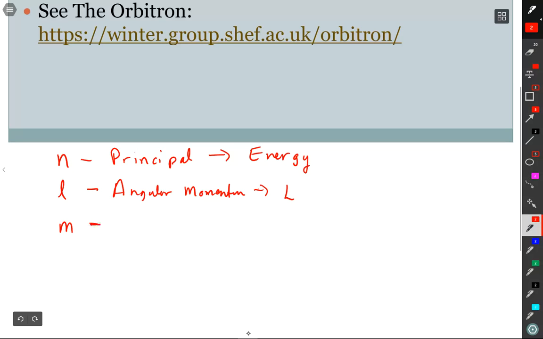And then M is the one that tells us the orientation of angular momentum, L sub z. Now, you'll find different names for these, and I'm not worried about the different names. What I am concerned about is what they tell us.